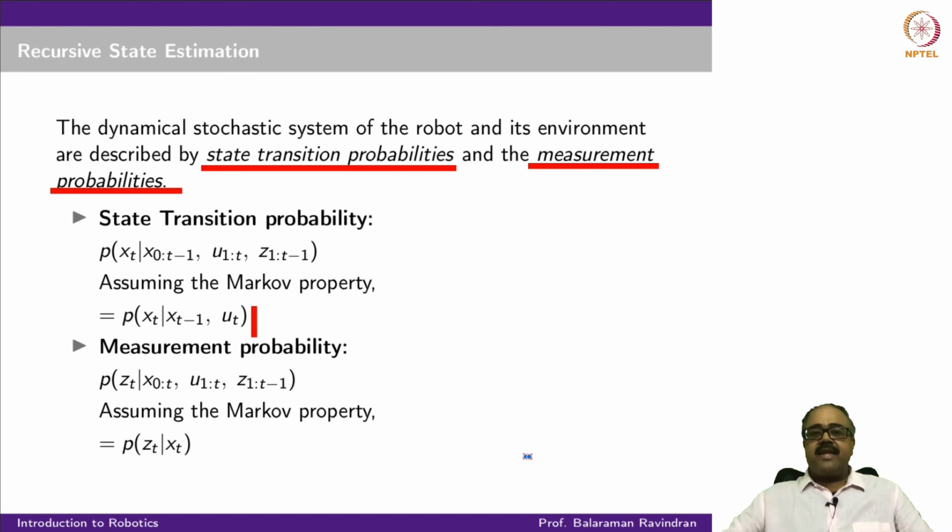These state transition probabilities and the measurement probabilities that we are going to talk about next describe the system itself, what is actually happening in the system, while zt is useful for me to estimate what is happening in the system. That's the difference. So I don't worry about the estimation problem right now; I'm just defining the system equations. Therefore, in the state transition probability, zt doesn't figure in. Is that clear? The state transition probability is the probability of xt given xt minus 1 and ut.